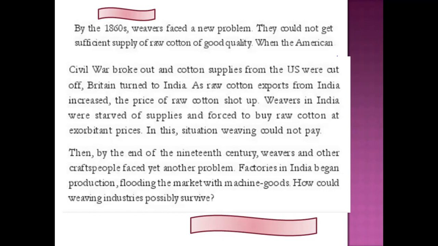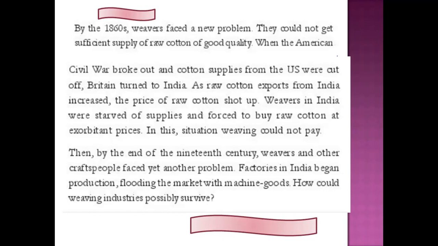Next, the demand for raw cotton increased in the US and Britain, so raw cotton was sold by Indian farmers to the US and Britain. In this way, Indian weavers were not getting good quality raw material. When the raw material is not there, automatically production is also not there.